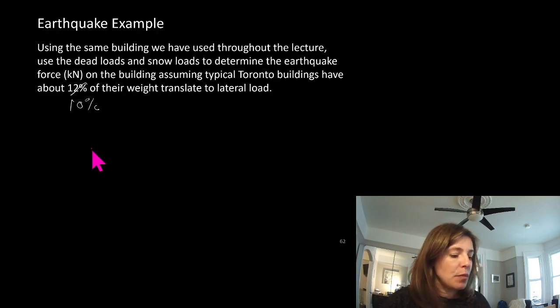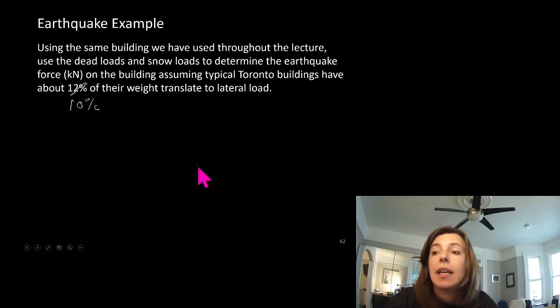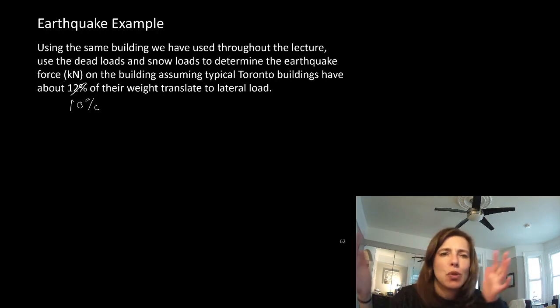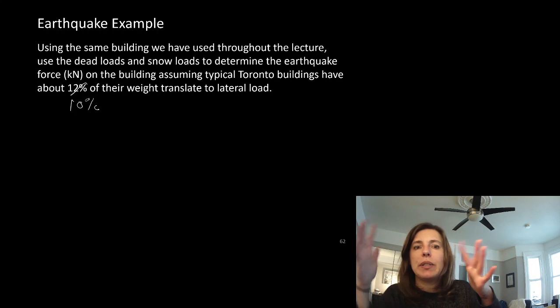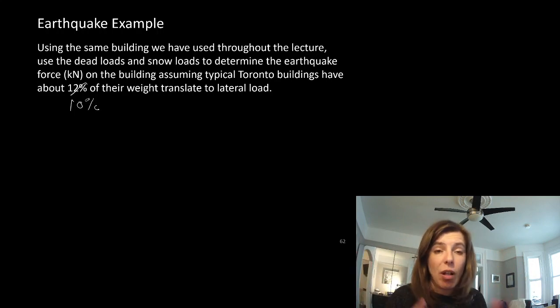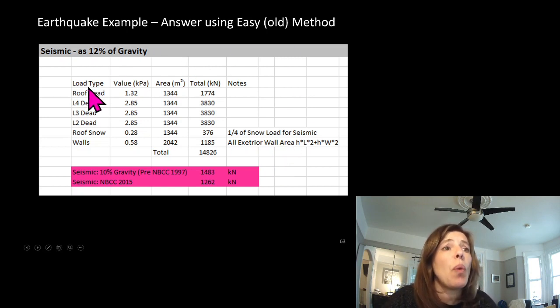Pretty handy method, pretty quick, and it's still a pretty good check if you know roughly what your area has for a percentage. It's gotten more complex than that because obviously, if it's about the soil moving around and the building on it, the type of soil could make a big difference. And the type of building could make a difference, how much the building moves, whether it absorbs energy. All of these things can change the value that you use. So this is the way we just did, and this is the number we just got.